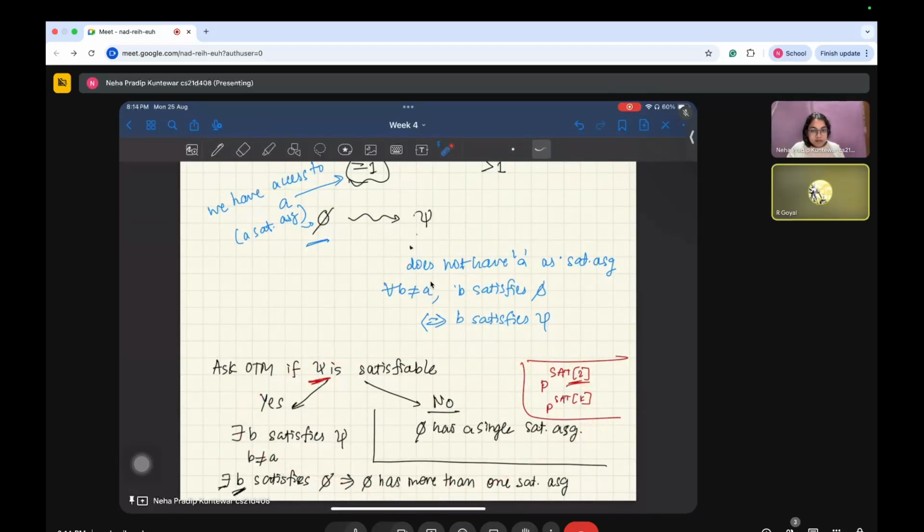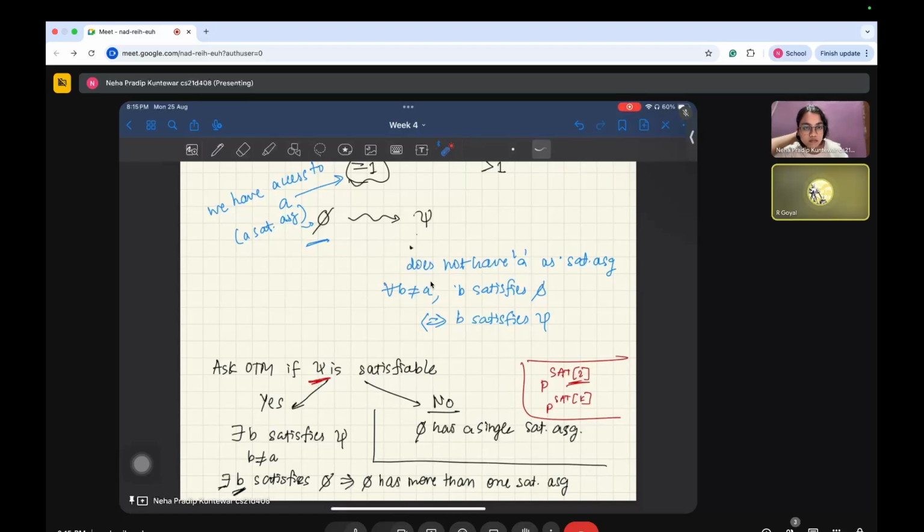So when I ask something to the OTM, it gives me an answer. If multiple answers are possible for a particular problem, and I take the help of the OTM, so the OTM answers whether this is a solution of the problem, and the OTM will say yes.